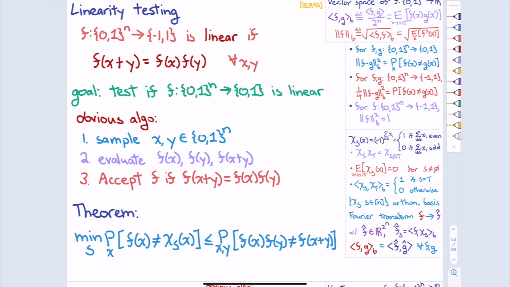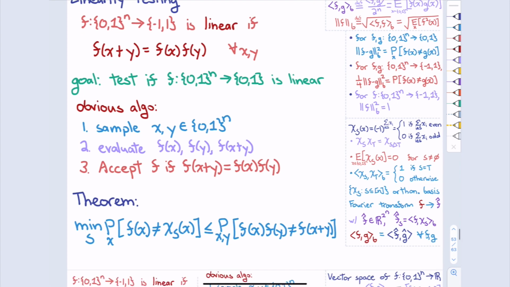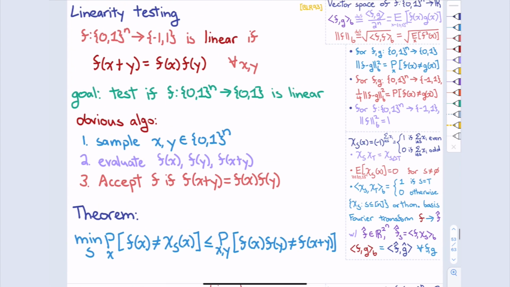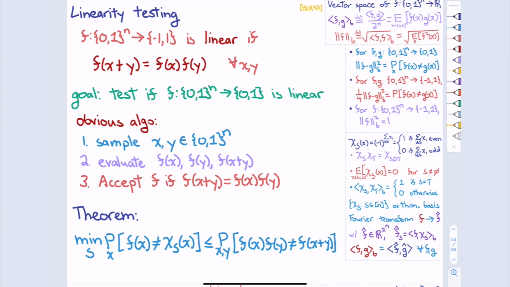Let me fast forward to an implication, so that it makes a little more sense. Suppose this never failed, that is, suppose f always passed our test, which means I guess it's linear. But that means this is 0 on the right-hand side. What does that say about this?